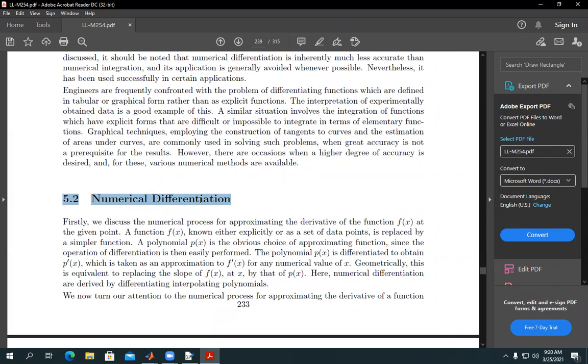We start with the first topic, numerical differentiation. That means in this part, we will find the approximation of the derivative of the function at the given point. This is your alpha now, the exact solution. So that's what we have to do: find the approximation of the derivative of the function at the given point.